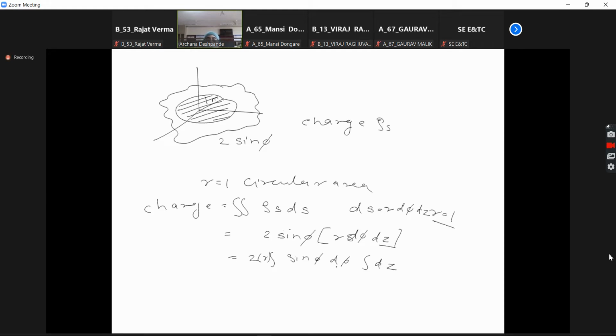Now for phi and dz we have to put limits. I told you in the first lecture that the limit of phi is 0 to 2 pi. Unless it is given to you, you take the limits of phi as 0 to 2 pi. So it is 0 to 2 pi, and dz.